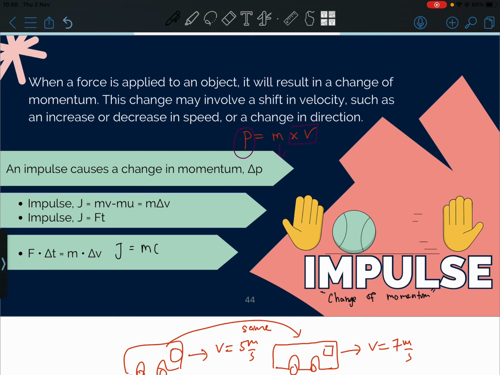So the only change is V. V is the final velocity and U is the initial velocity. You minus them, there will be a change of the velocity. You times that with M, and you will result with the impulse. Alright, so that's impulse.